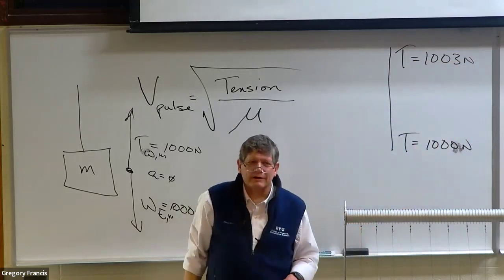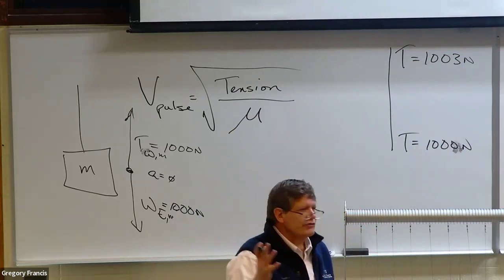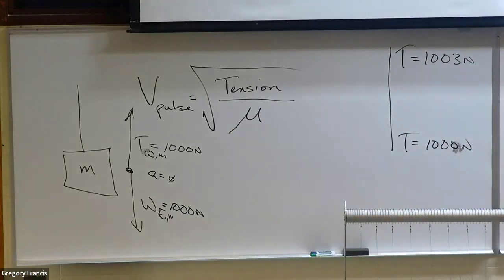And folks, let's be clear. If you got a check in the mail that you weren't expecting, it doesn't matter whether it's $1,000 or $1,003. You're exactly the same happy, right? Those numbers are so close to each other that we don't care. And that's the way these problems are.